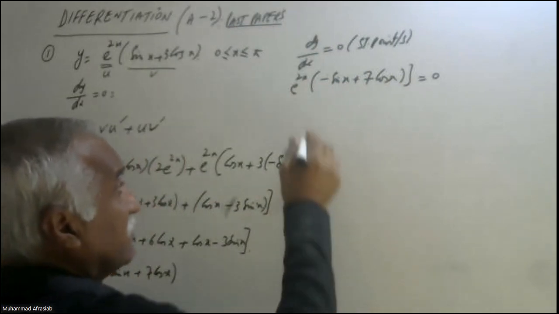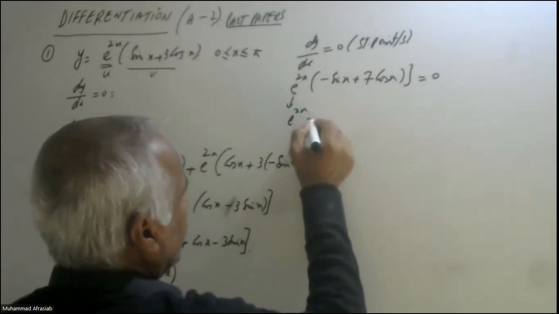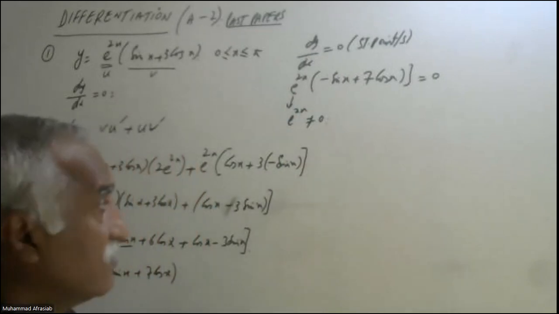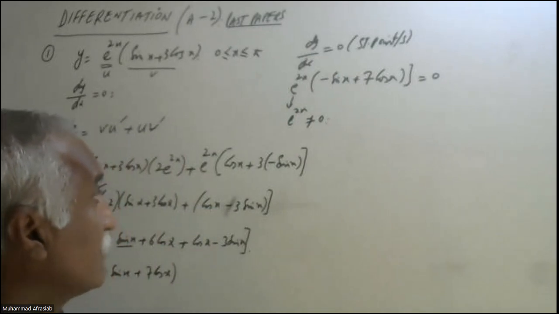But we know one thing, that e power 2x cannot be equal to 0, because e raised to any power is not equal to 0.